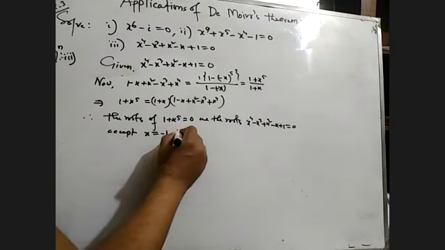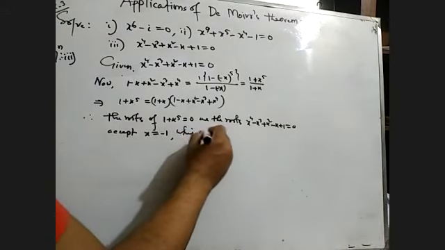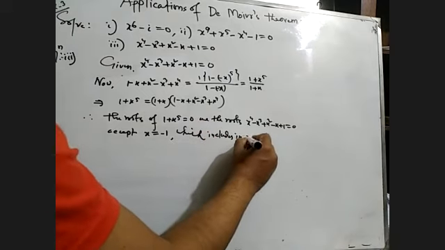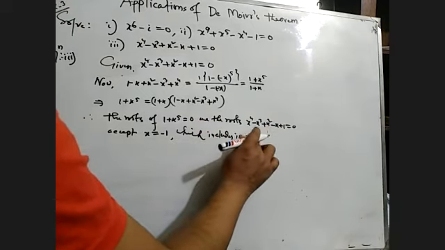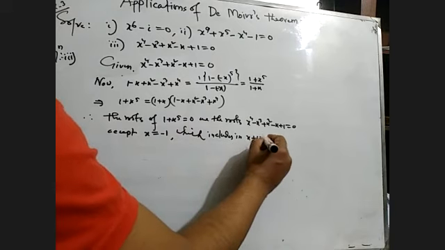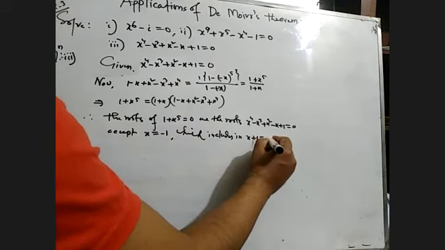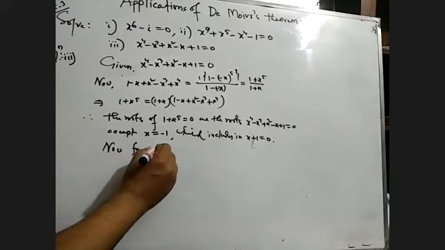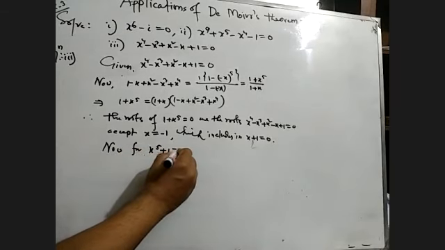So we consider x to the power 5 plus 1 equals 0.